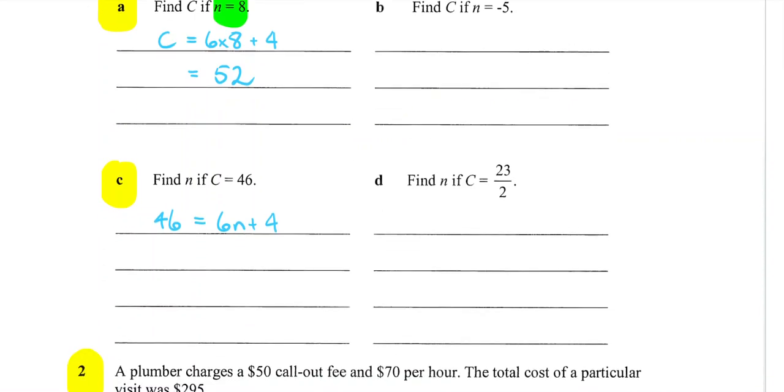I need to move the 6 and the 4. First one to go is the 4. So get rid of that. To make it look nicer, I'm going to move the 6n over to the left. And then do 46 minus 4 is 42. All right, next step, divide the 6, and n is equal to 7.